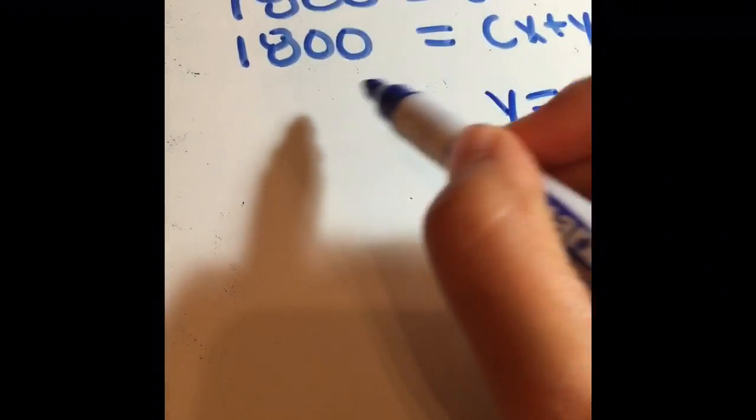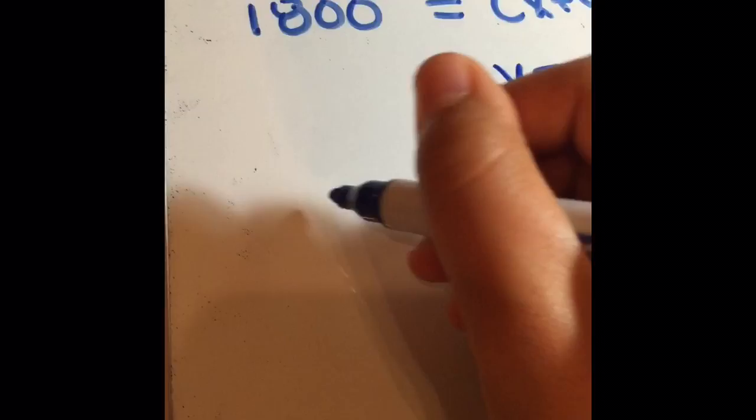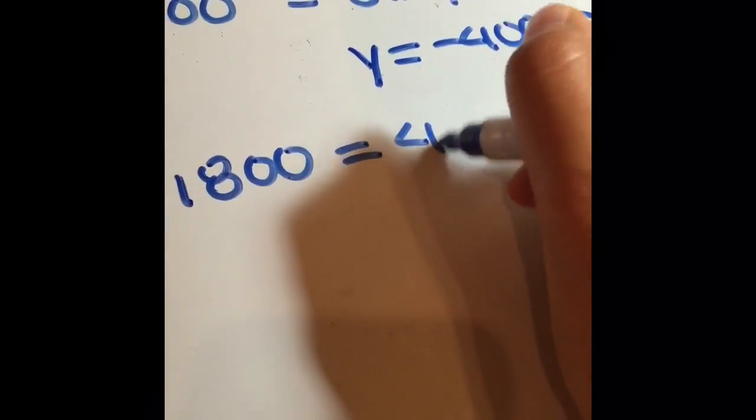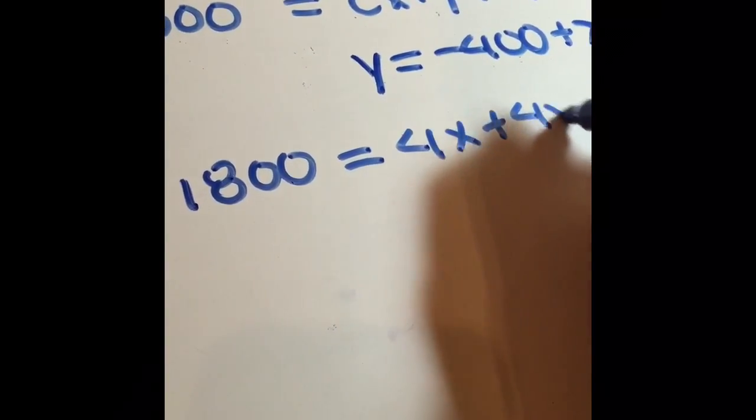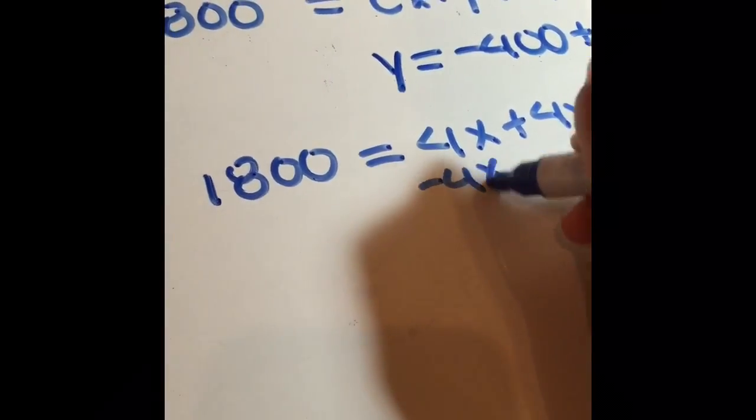The next step is to solve the second equation for y. So we'll get 1800 equals 4x plus 4y. Then we subtract 4x.